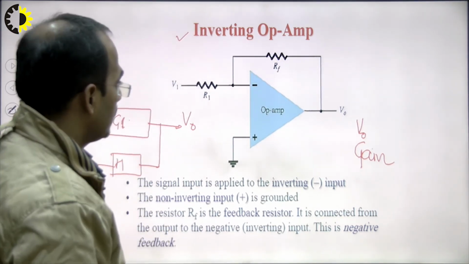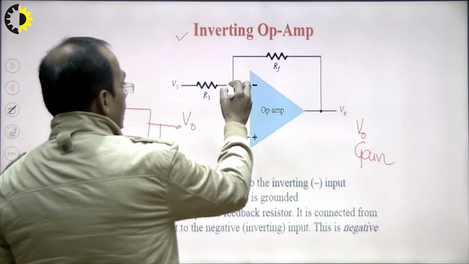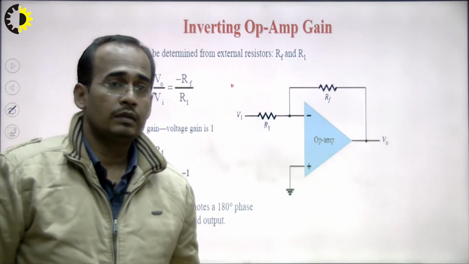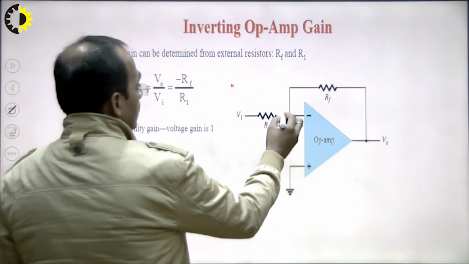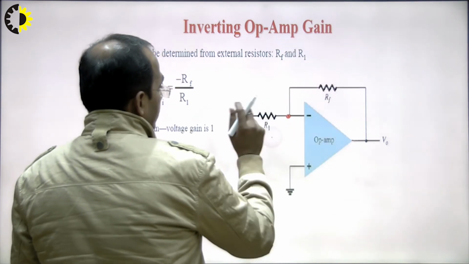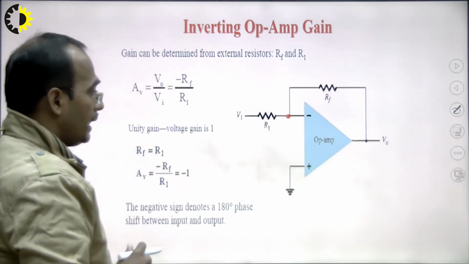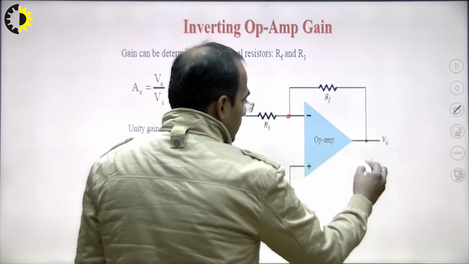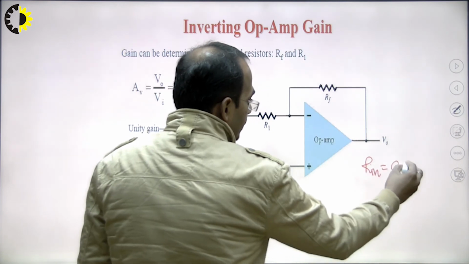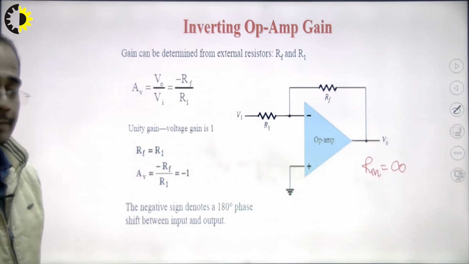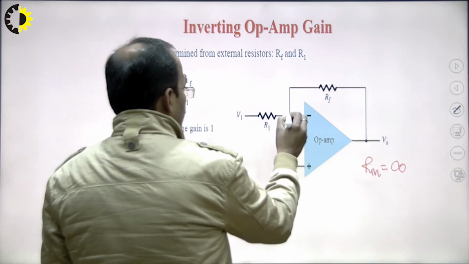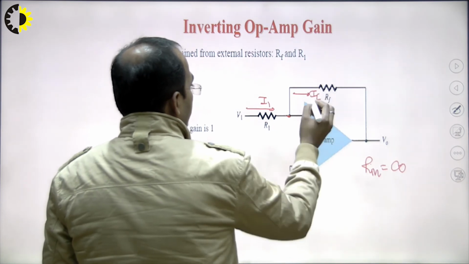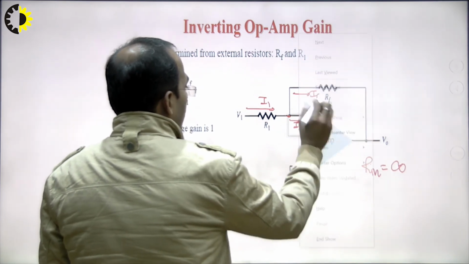I will apply KCL at this point. As I have told you, the input resistance Rn is connected, and the value of the input resistance is infinite. Suppose the current flowing in this branch is I1, in this branch is IF, and in this branch is I2.